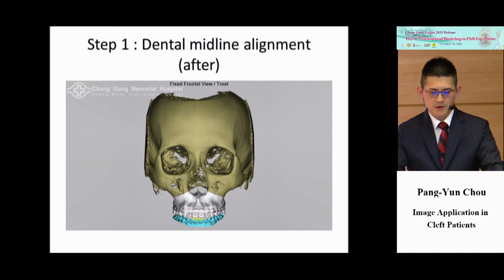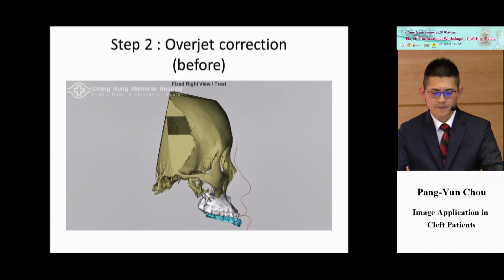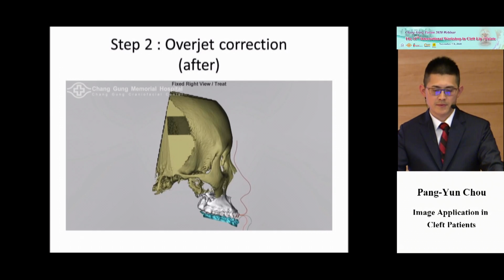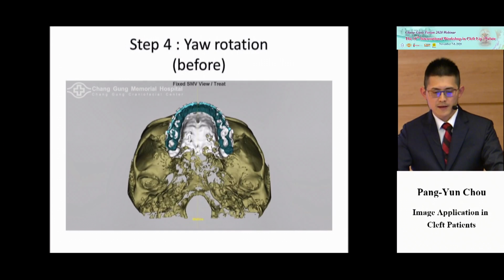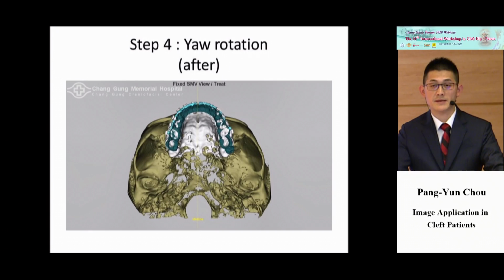So in this video, we do the roll rotation first, and then we set back the mandible. Once we set back the mandible, we correct the overbite, and now we can do the yaw rotation to correct the midline.